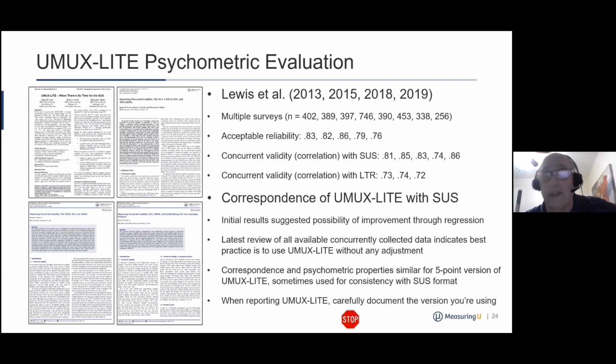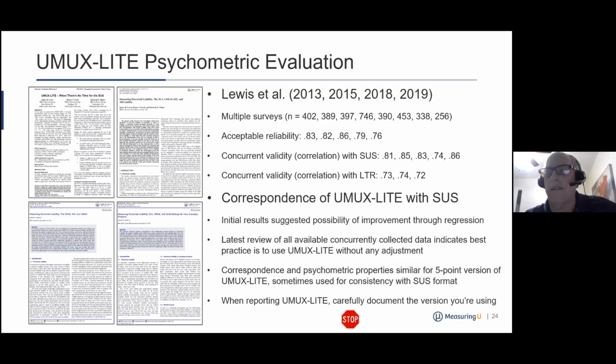Spoiler alert: the scores don't change as long as you adjust the multiplier properly. All the scores stay within a point on a 100-point scale, and I'm talking about the outer edges of confidence intervals across the averages. So the scores just don't change.